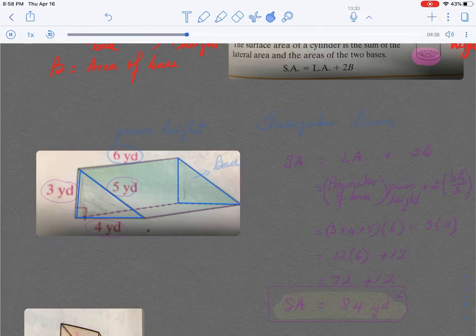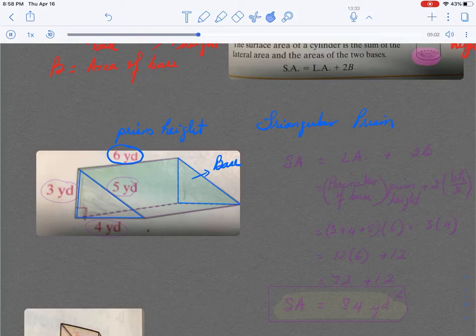In this case, I can make 6 right here my prism height. This is my base. There are two of them. We call this a triangular prism.